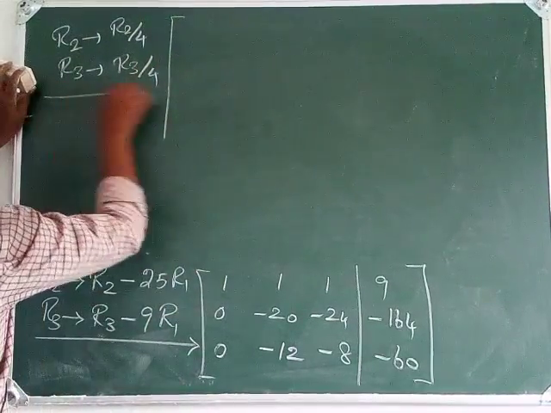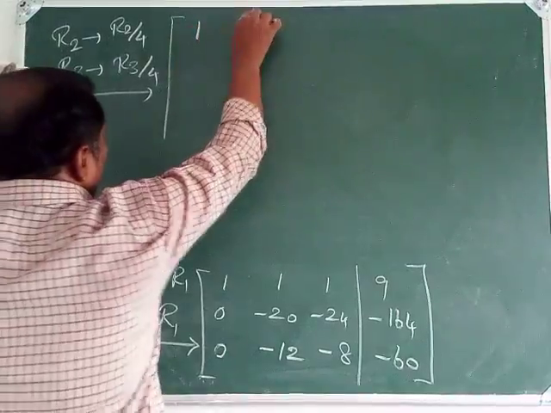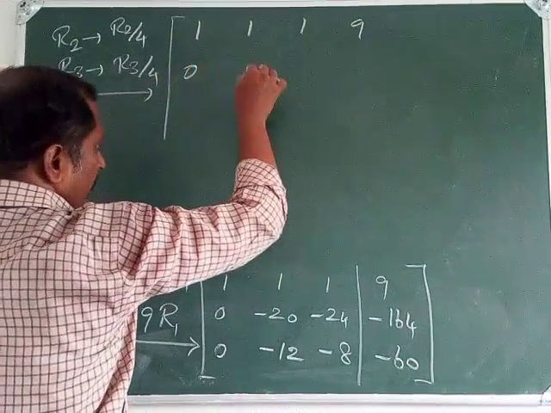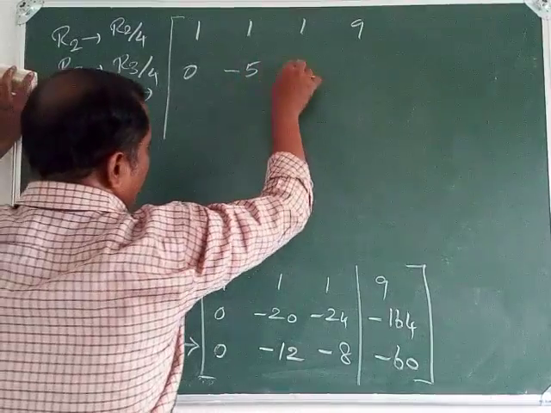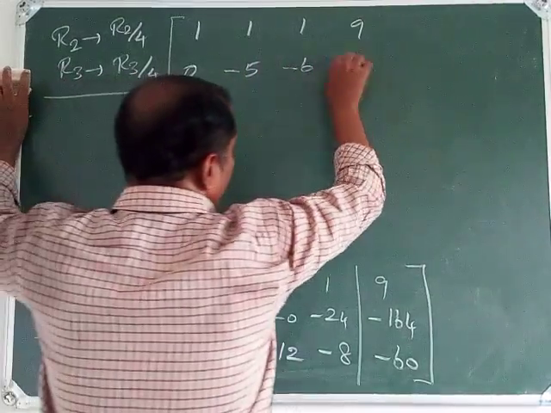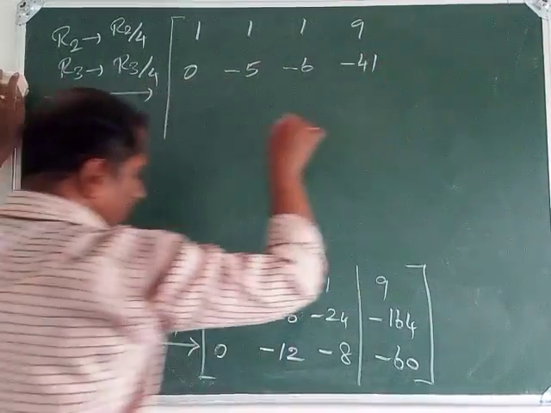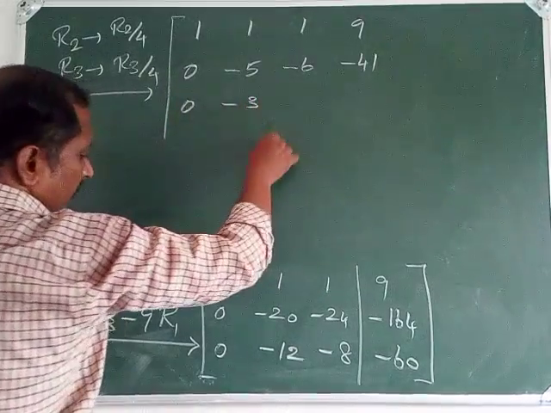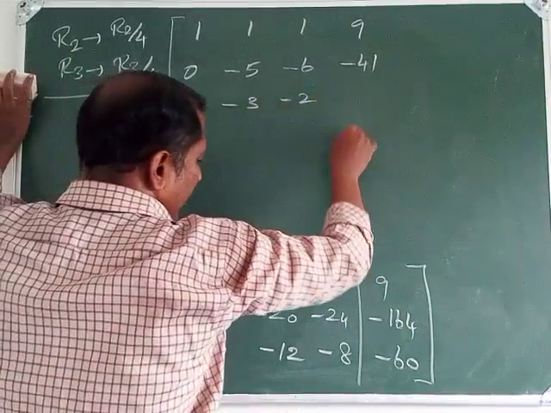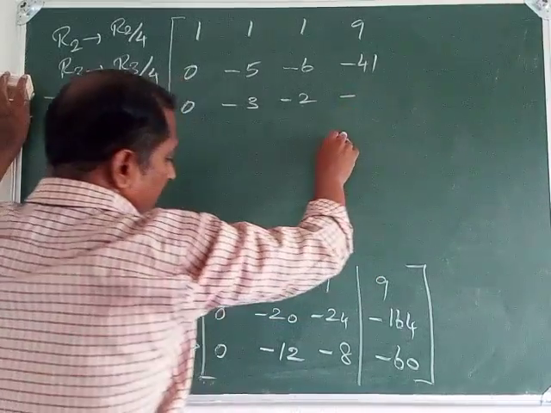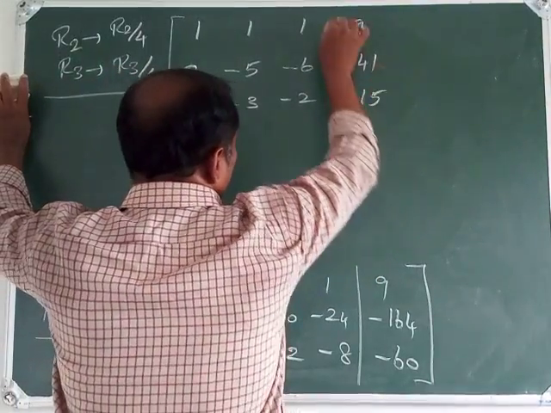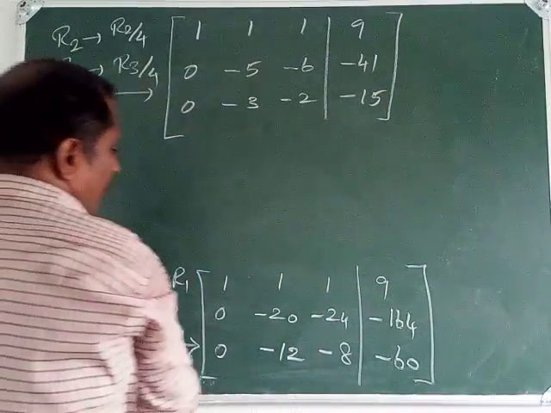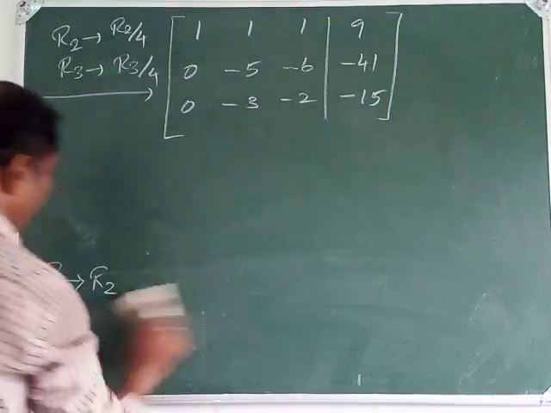This implies 1, 1, 1, 9. Second row divided by 4: 5 fours are 20, 6 fours are 24, minus 4 fours are 16, 1 four is 4. Again 0, minus 3 fours are 12, minus 2 fours are 8, minus 15 fours are 60. It is not an equivalent form.